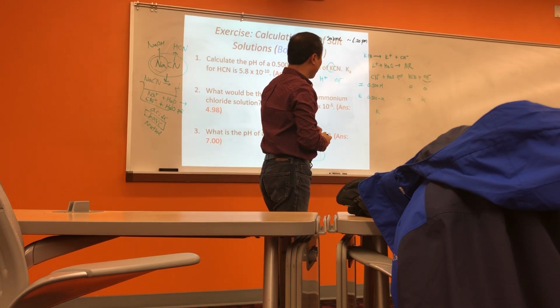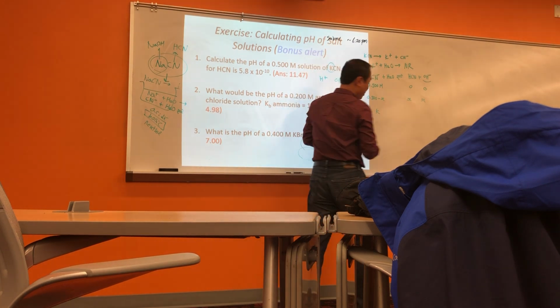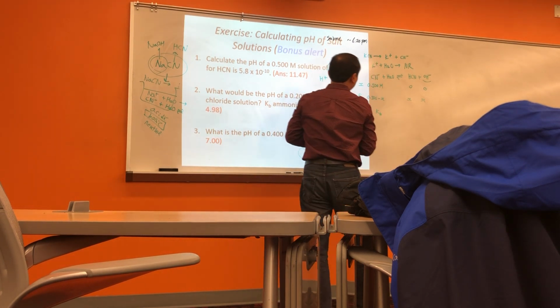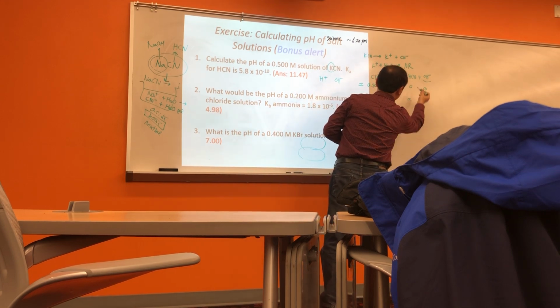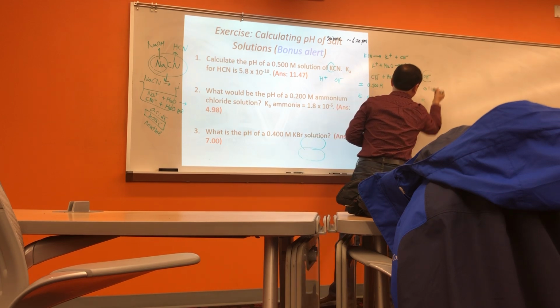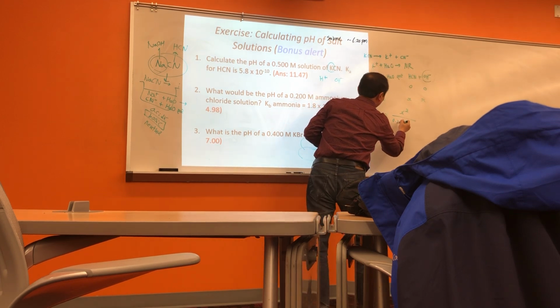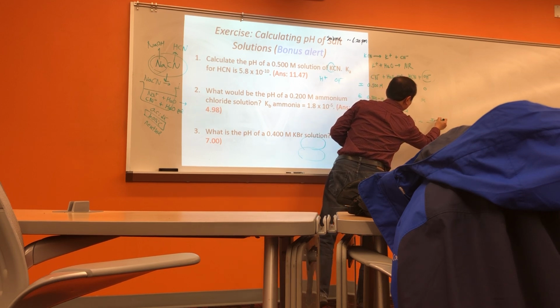Do I use Ka or Kb? Kb. Kb is x squared, where x is hydroxide, over 0.500 minus x. So that will be approximately x squared over 0.500.